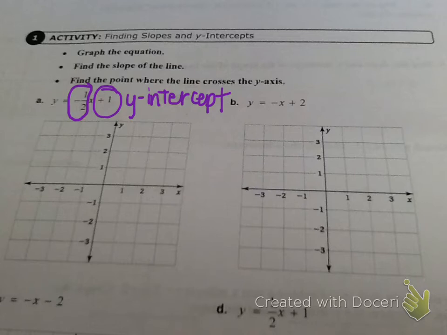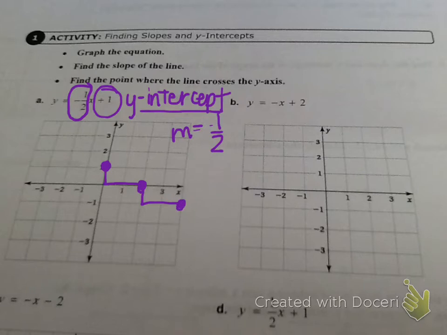So, to graph, I start at 1. That's where I'm crossing the y-axis. That's why it's called the y-intercept. And then my slope is down 1 over 2. Down 1 over 2.